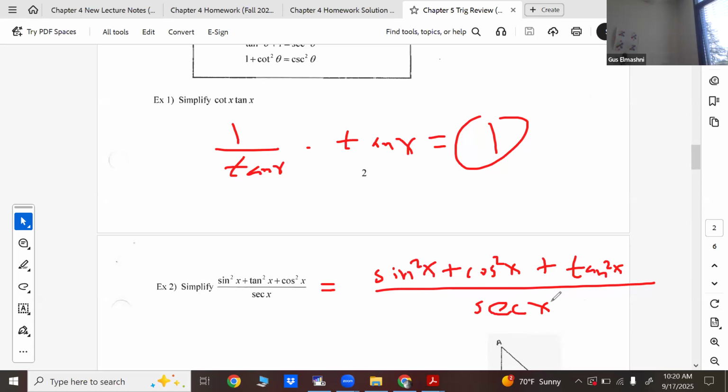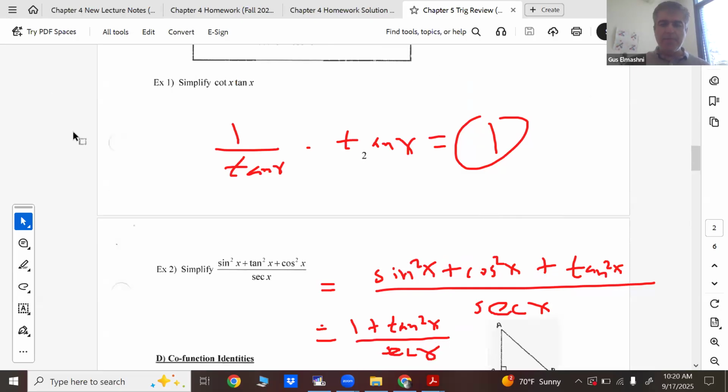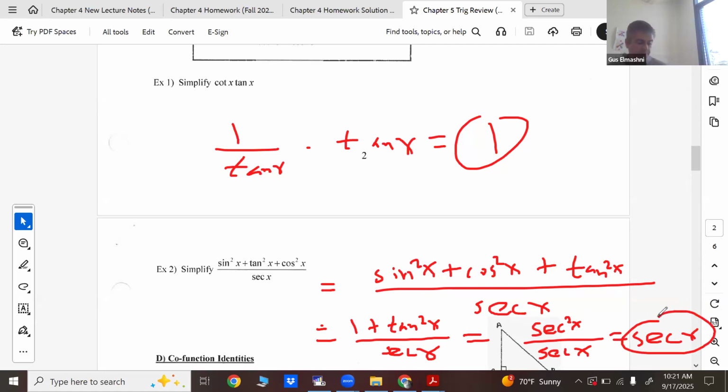So you have 1 plus tan squared x over secant x. And there's a variation that involves 1 plus tan squared, secant squared x. Correct. Right up above. So you get secant x. Okay, cool.